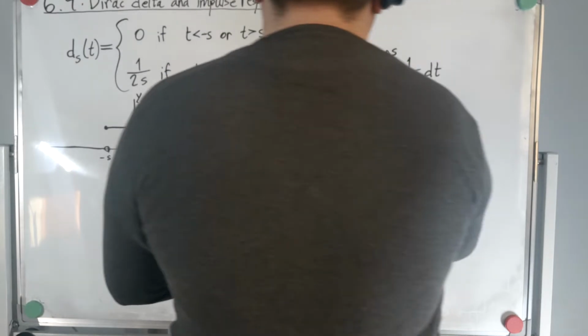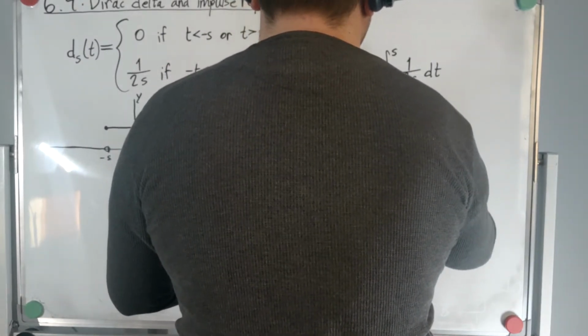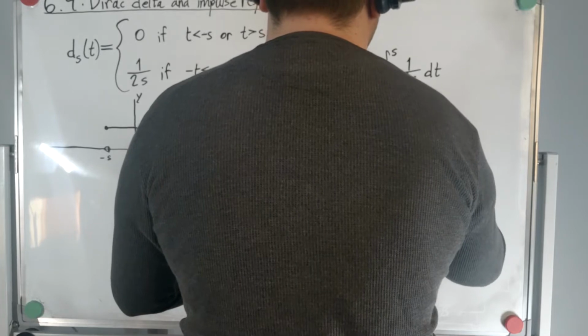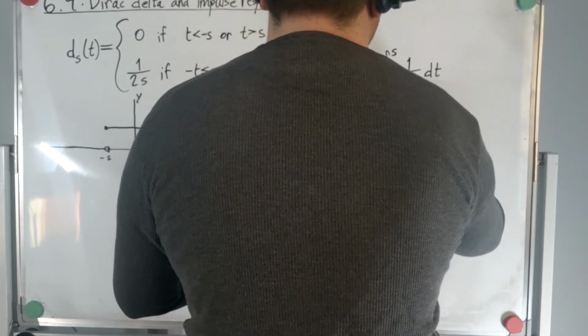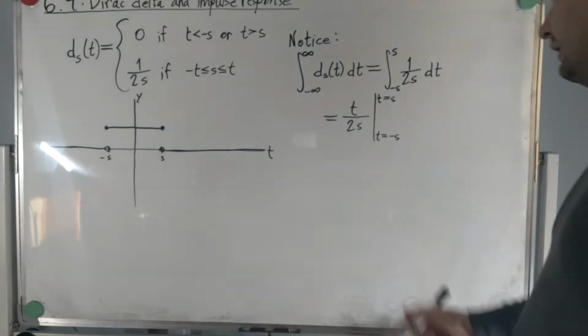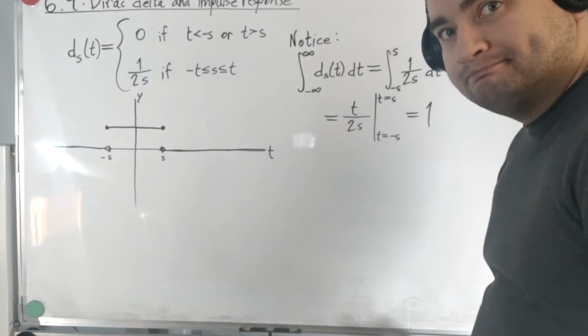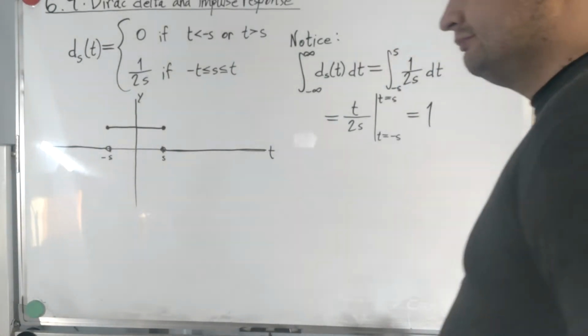You do this integral, you get t divided by 2s, evaluated from t equals negative s up to t equals positive s. And that's 1.